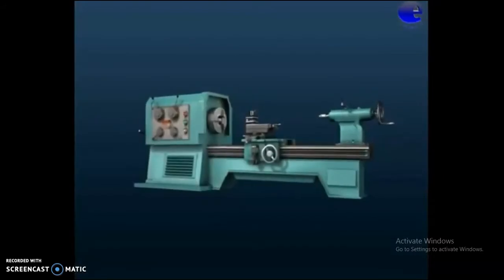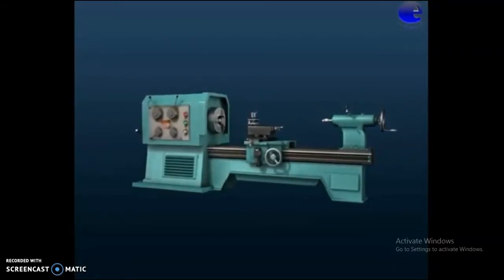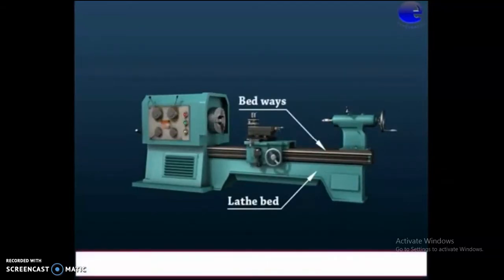Lathe bed. Here we will be discussing the lathe bed and its components. The main component of a lathe bed is the bedways. Bed is the base or foundation of the lathe.